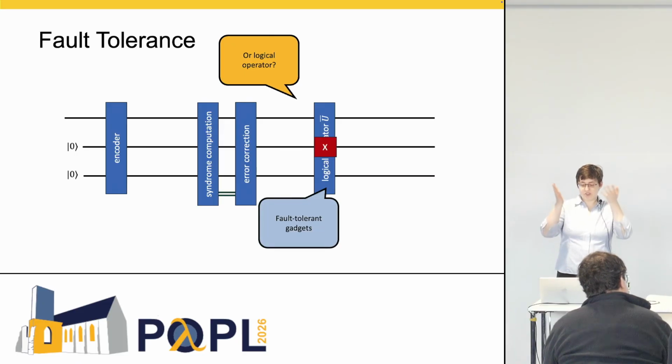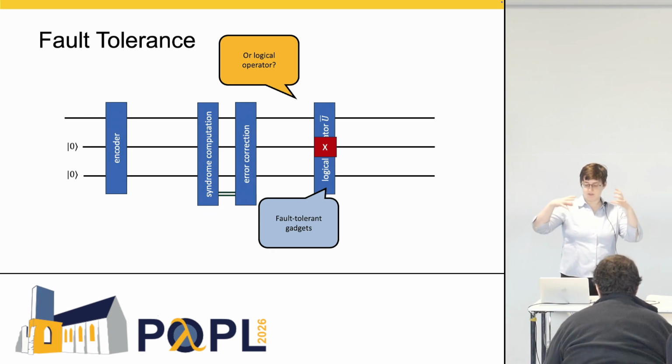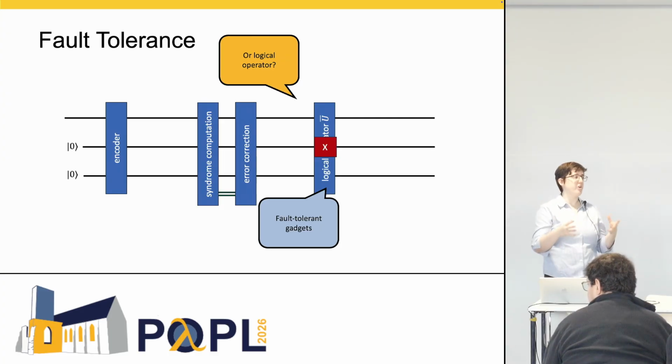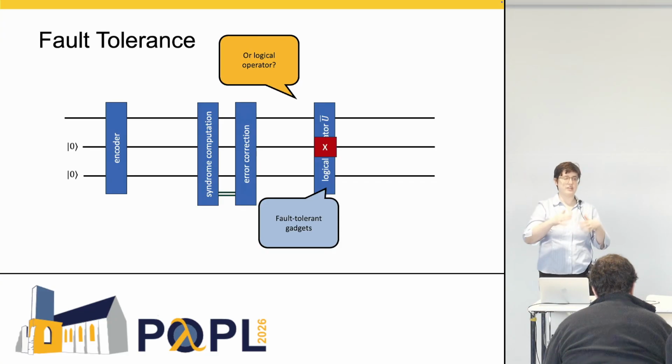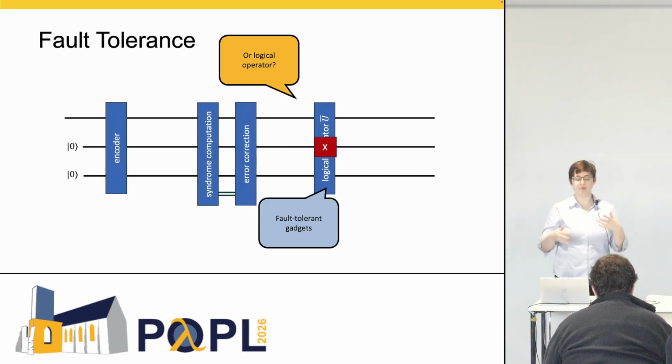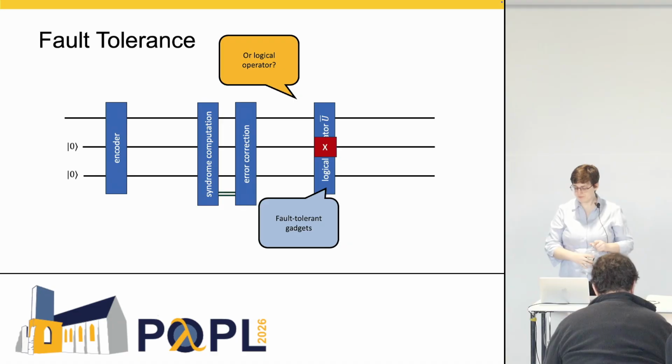So the solution, using a lot of good math, which I will not get into, is that we implement each of these blocks as fault-tolerant gadgets, which enforce the property that we're able to still detect and correct those errors after the execution of the gadget.